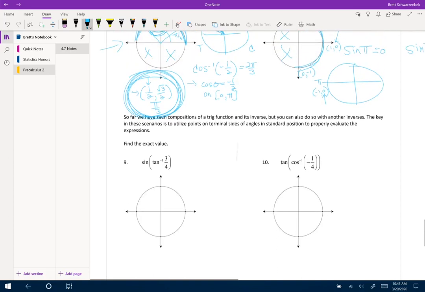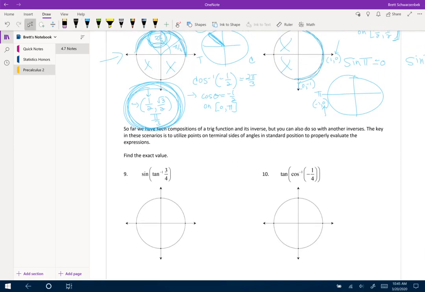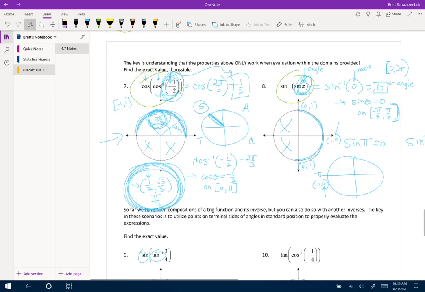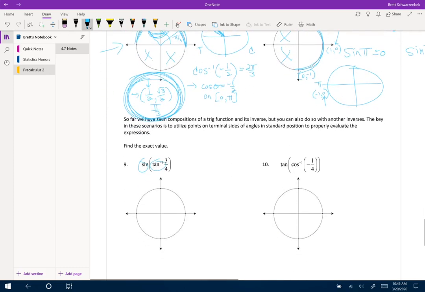Just realize that these problems are different and will require a different process in order to solve. Why is that? There's two main things going on here. If you look at the two functions here, they do not match, as opposed to number 8 and number 7, where they do match. Again, they don't match, and you can look at 10 and see the functions don't match.